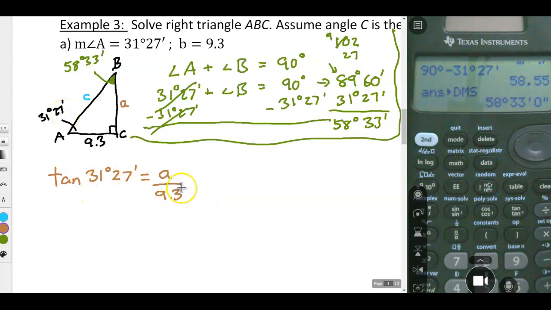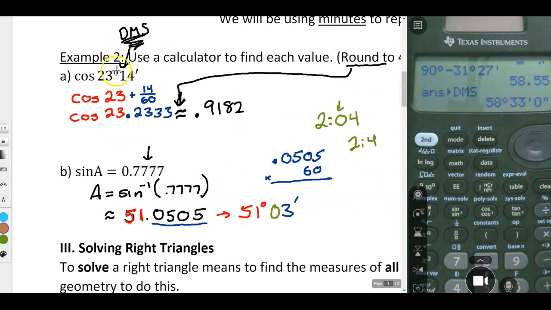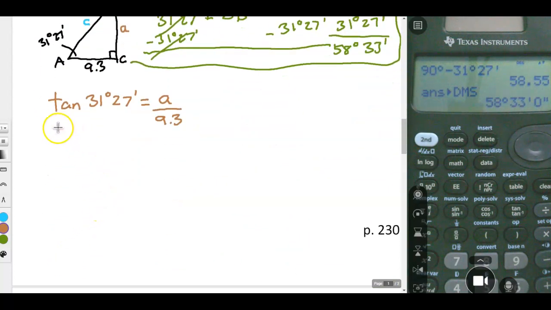So I have to figure out what this is right here as a decimal to use the calculator. So I'm going to have to repeat the process from above. If it's given to you in minutes, I need to convert it to decimal first. Then I can put that in the calculator, get the right value, and then solve the equation. So I have to do this part down here. Okay?